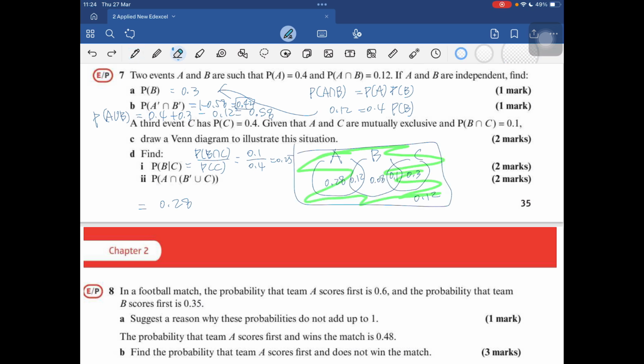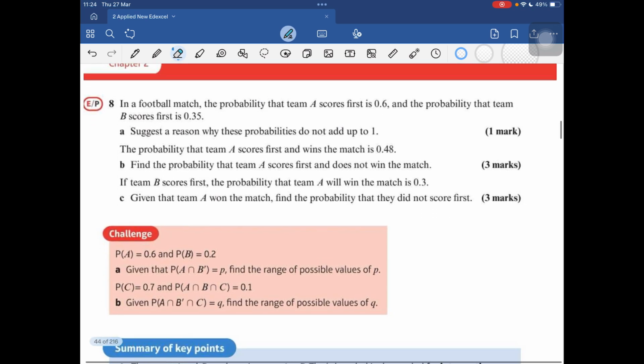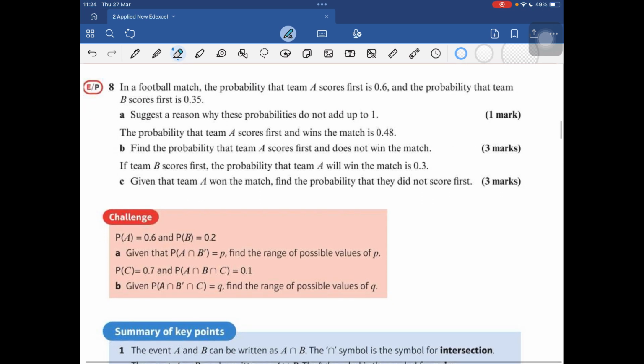And the next one. Number 8. For the match, team A scores first at 0.6 and B first at 0.35. They do not add up to 1, so maybe there is a tie.